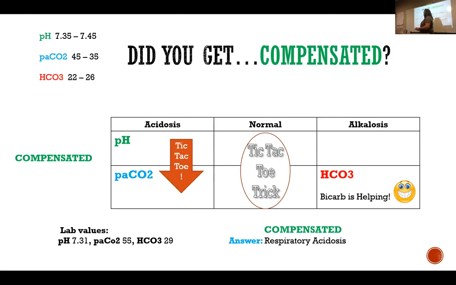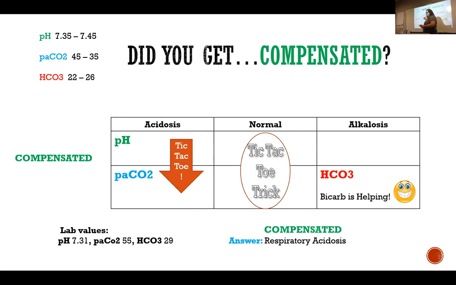Because we flip our PaCO2, it's also in the acidotic state, and that makes a tic-tac-toe, because 2 in a column makes tic-tac-toe, right? And then our bicarb is a 29. Where does that put it? Alkalosis. So is the bicarb helping? It is. So we know that we have respiratory acidosis.